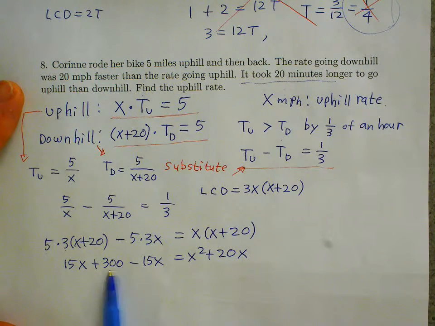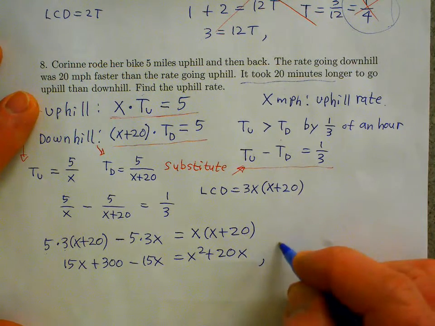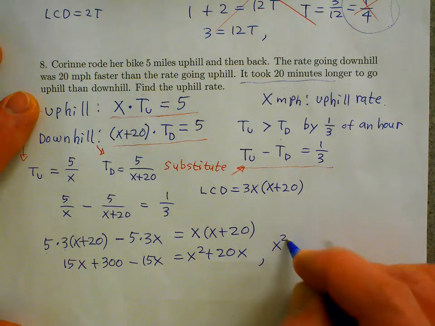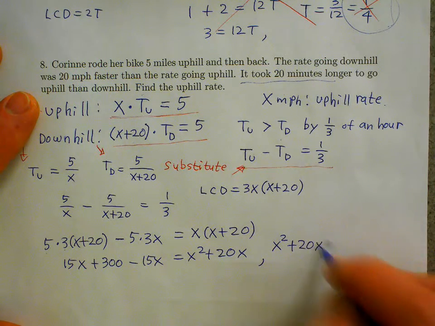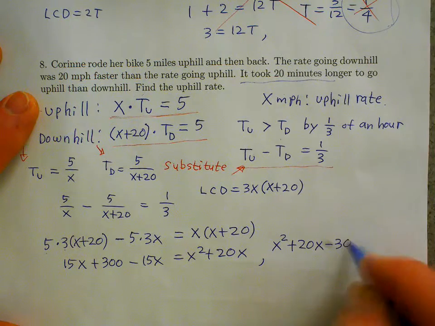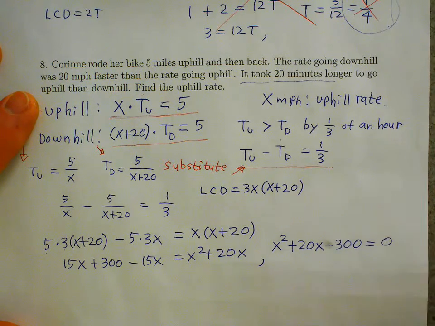On the left-hand side, we're just left with 300 because 15x minus 15x is 0. So we'll subtract 300 from both sides, and we'll get this equation, x squared plus 20x minus 300 equals 0.